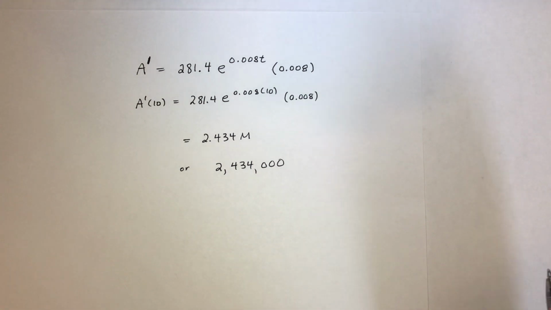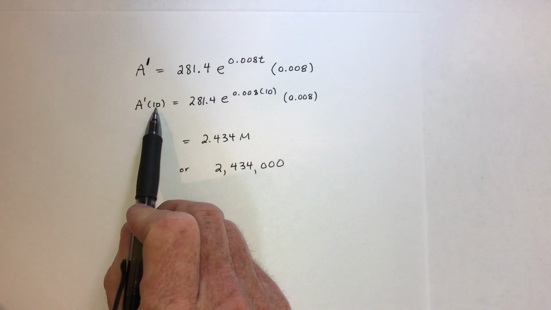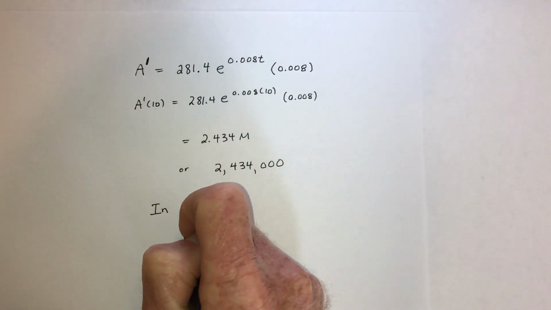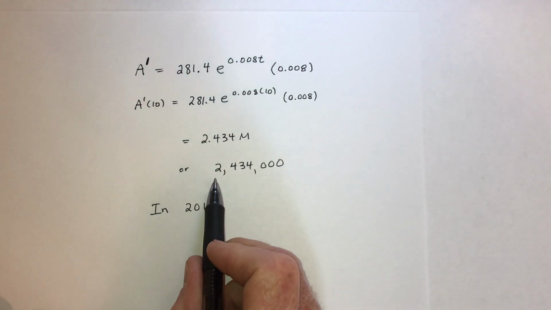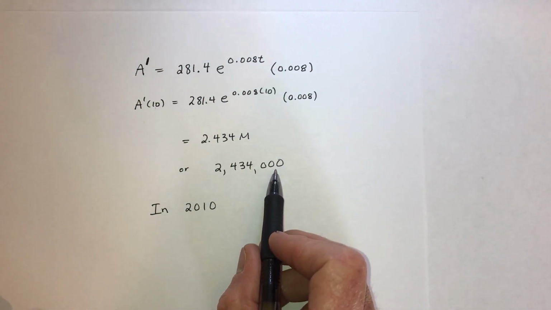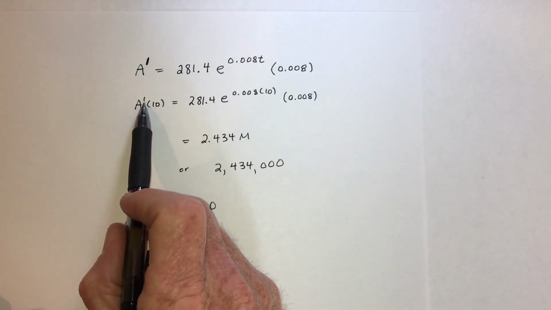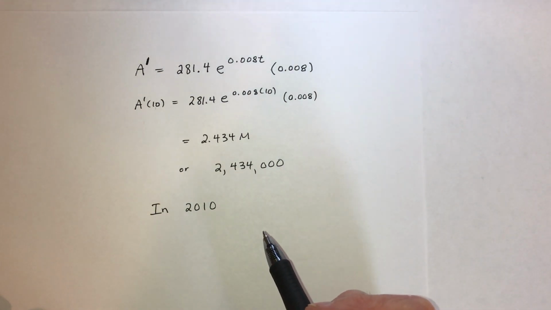All right, so we found the derivative, but what does it mean? Well, for one thing, 10 means 10 years after the story started. So it started with the 2000 census, so that means 10 years later would be 2010. And then this is population growth. So derivative means how fast is it changing. So that's how fast the population was changing in 2010.